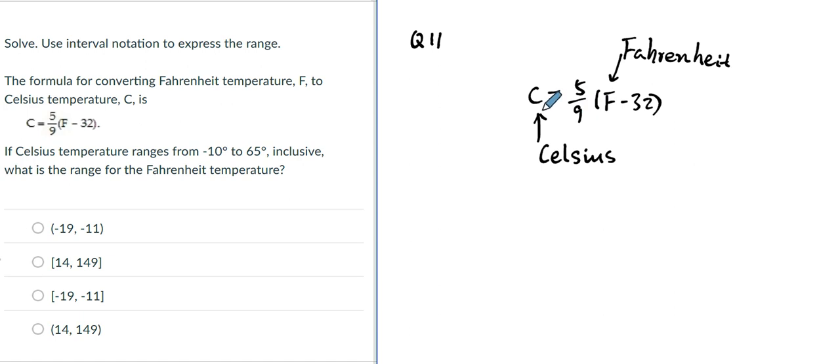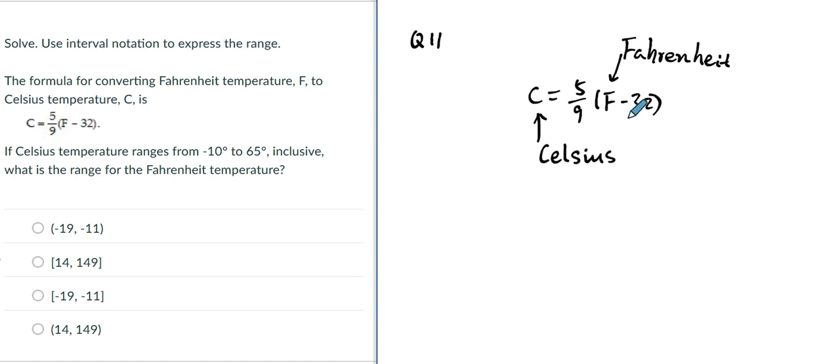C is 0. This basically tells us the ice point. Water going to ice is 32 degrees Fahrenheit, but 0 degrees Celsius.